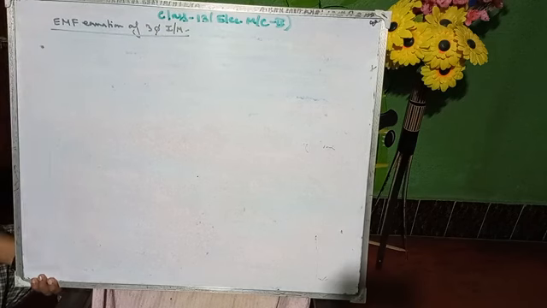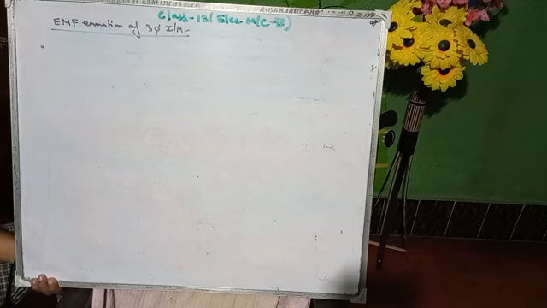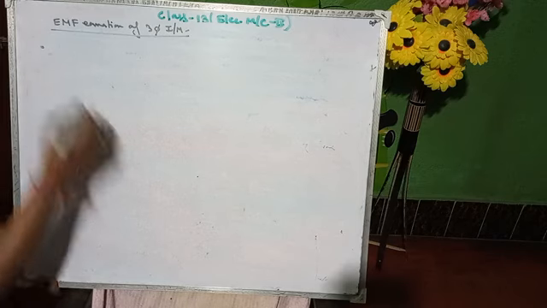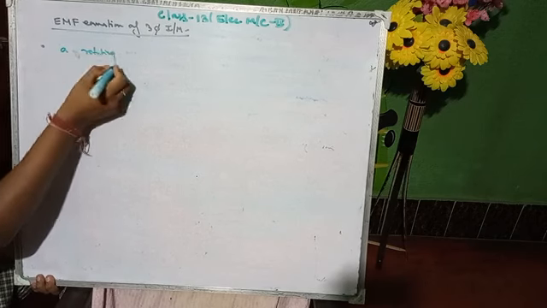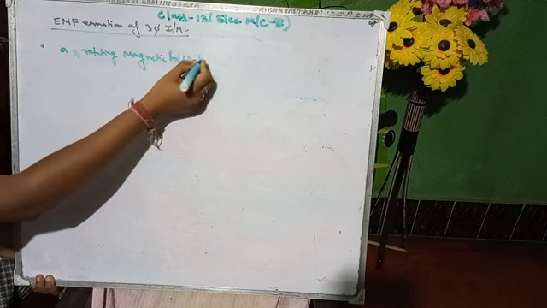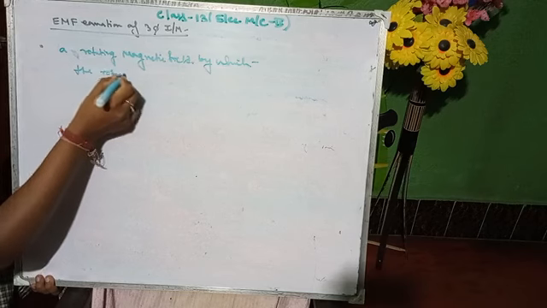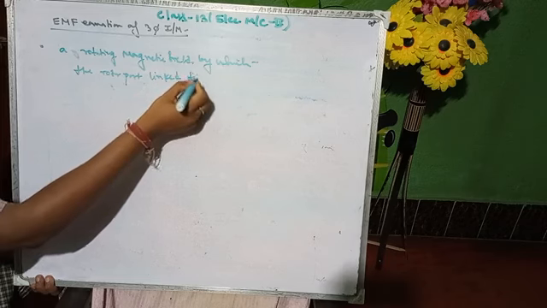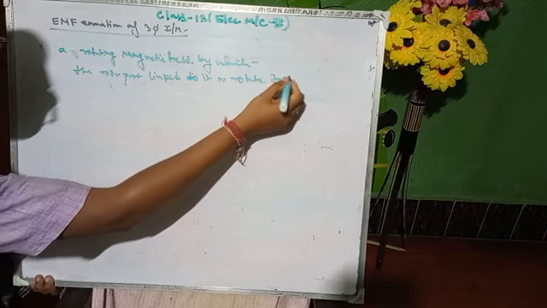A three-phase induction motor produces a rotating magnetic field by which the rotor part linked to it rotates itself.